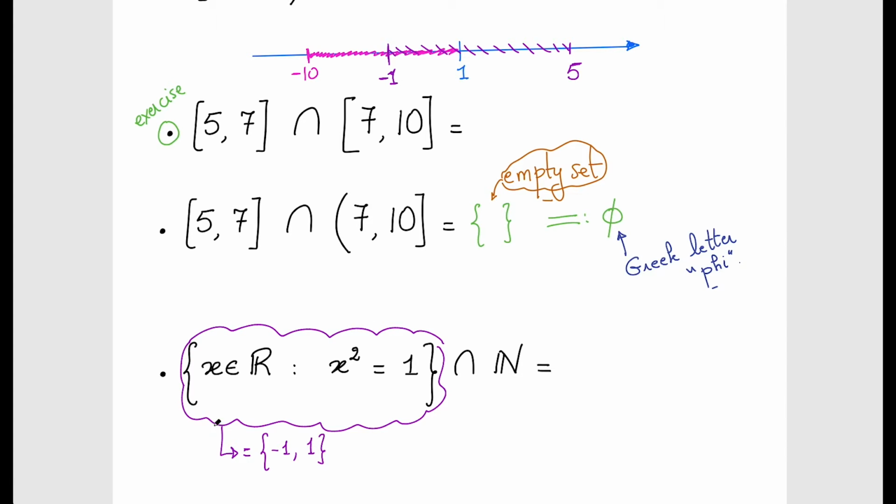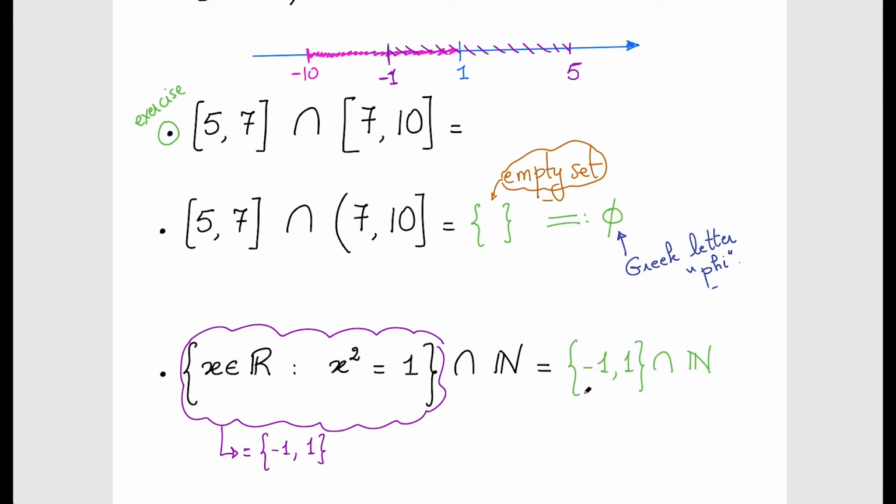So this whole cloud means the doubleton -1, 1. It's the set consisting of just those two numbers. Now I have a better understanding of what this is then. The purple means -1, 1. The set consisting of -1, 1 intersected with N. Right? I'm rewriting it using what this means. So we get this.